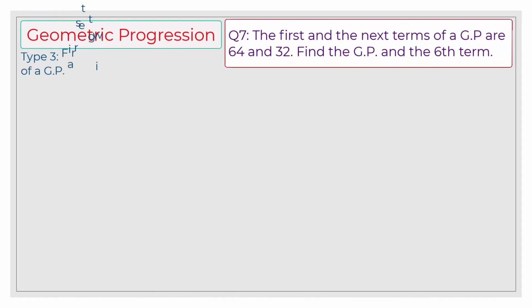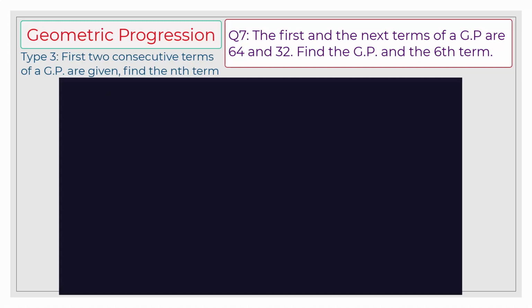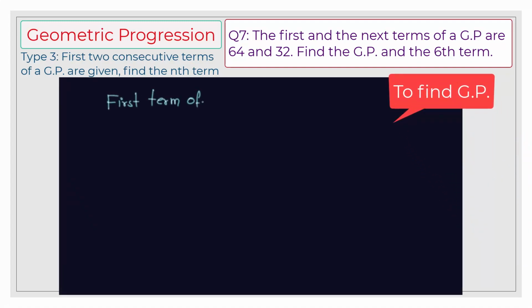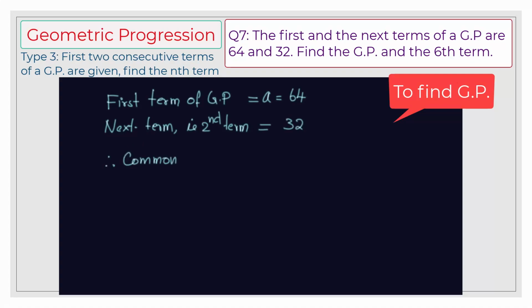In the next question, the first 2 terms are given. We are asked to find the GP and then its 6th term. The first term is 64 and the second term is 32. Taking the ratio of second to first, the common ratio is 1/2.